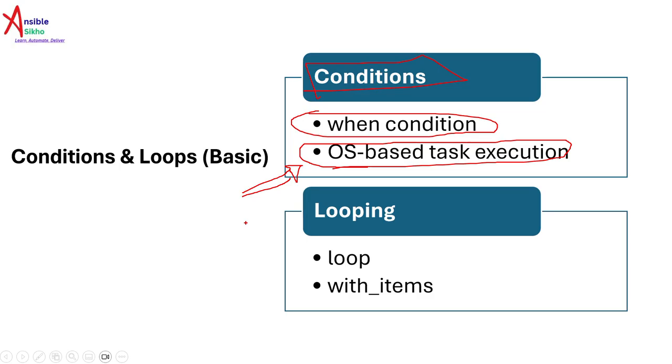This can be achieved using the when condition. Looping will reduce the duplication of code, as it iterates to achieve the desired result. There are keywords like loop and with_items. We are going to see this in practical.